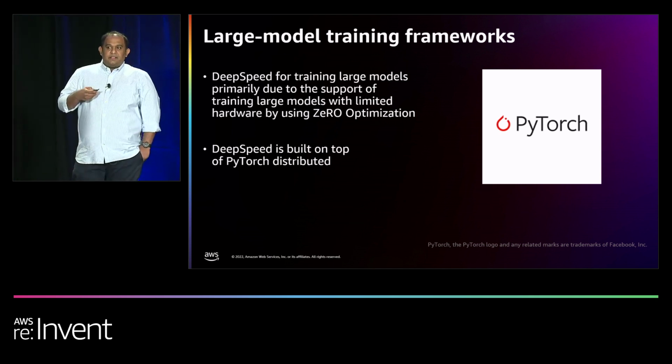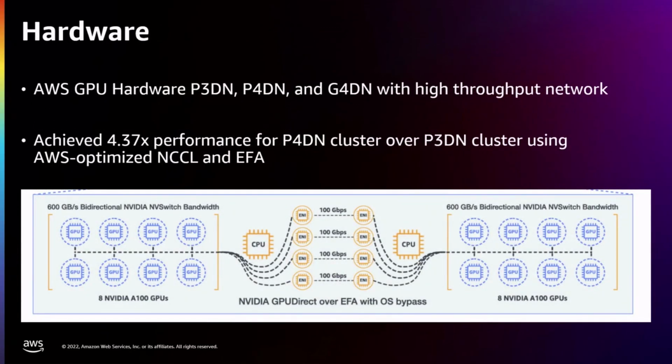As AWS provided, at the time when we started, there were P3DN, P4DN, and G4DN hardware out there. So we took first P3DN, and we benchmarked our model. But when the P4DN came out with better NVIDIA GPU direct support with OS bypass, we took P4DN and started training our large language models.